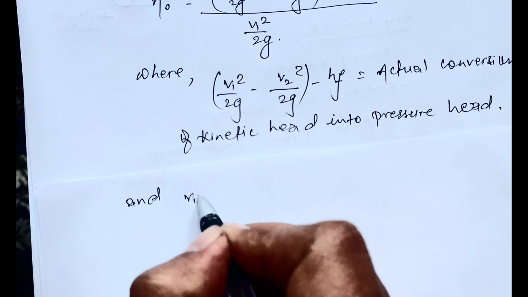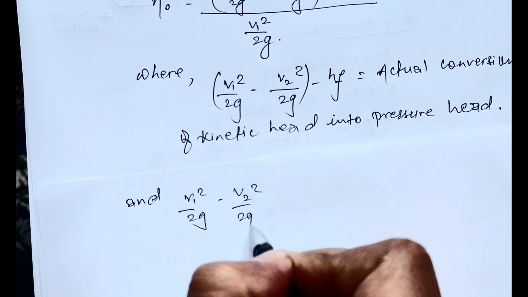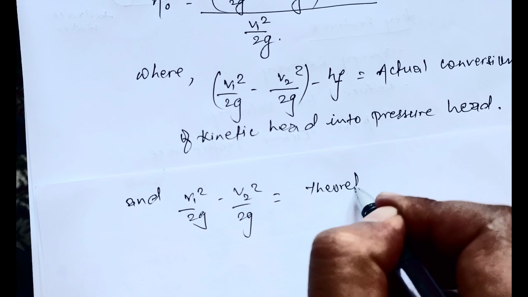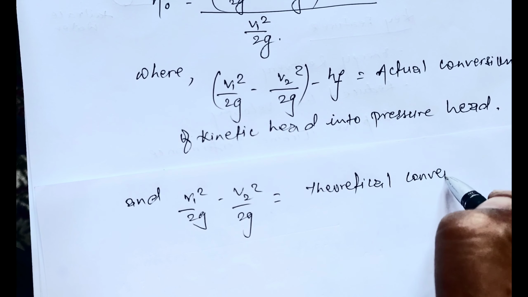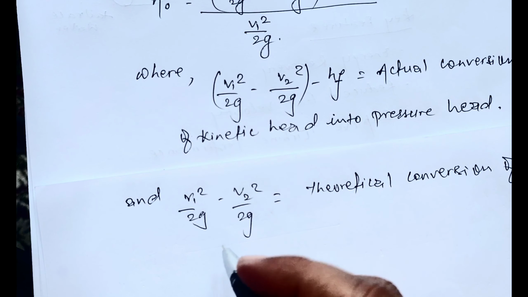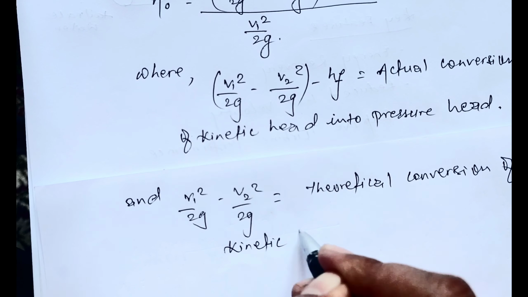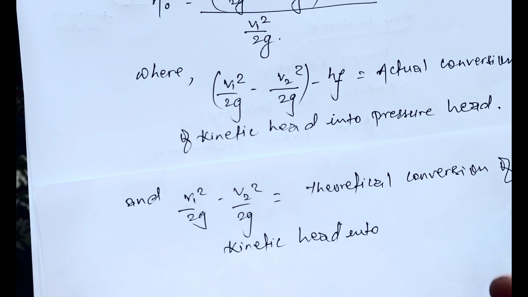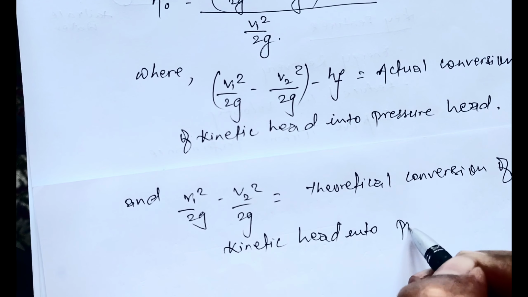And V1 square by 2G minus V2 square by 2G is equal to theoretical conversion of kinetic head into pressure head in the draft tube.